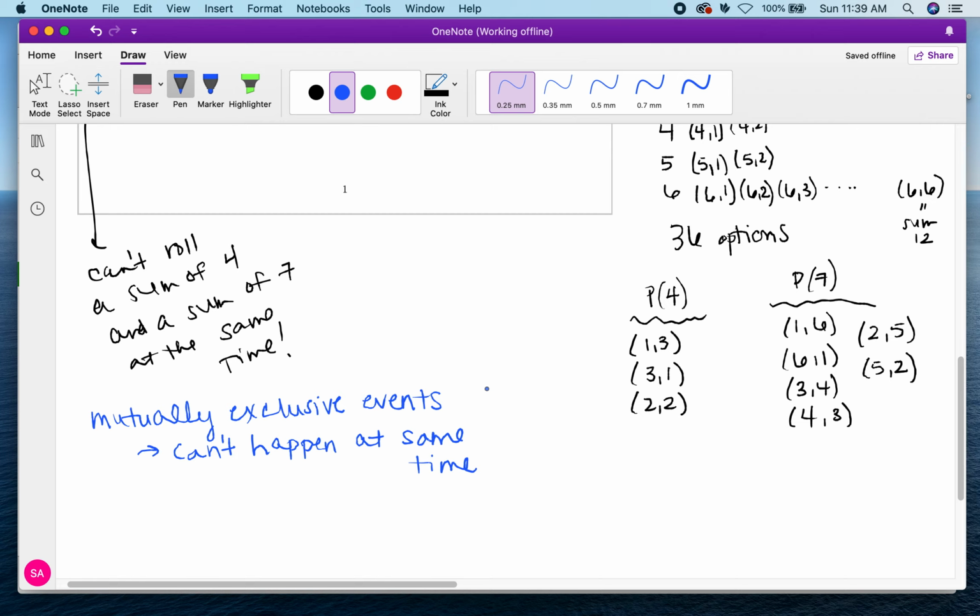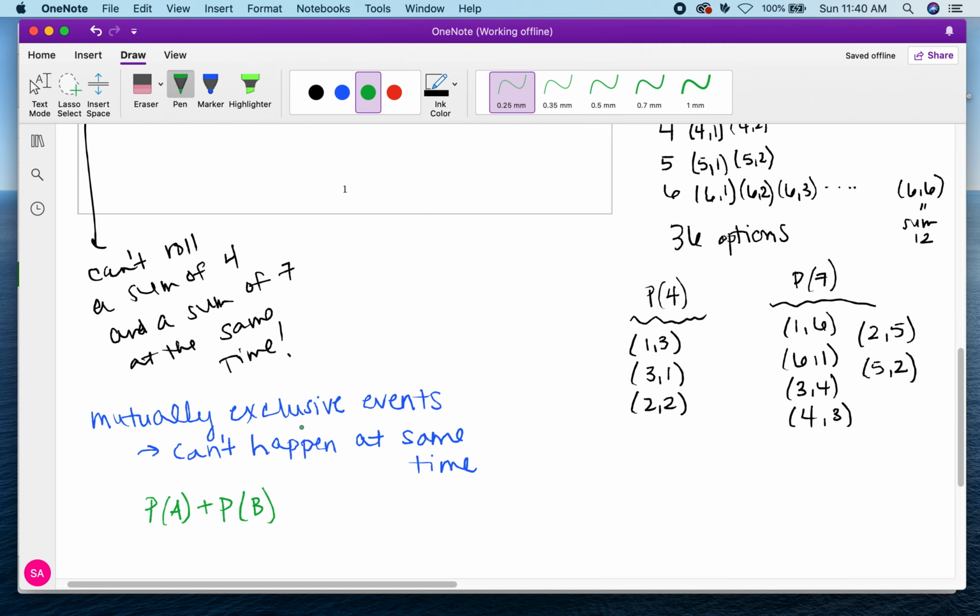It's just not possible. So really, when we have a mutually exclusive event, what happens is we just end up adding the probability of event A plus the probability of event B, and we don't have to worry about subtracting what's in common because there's nothing in common.